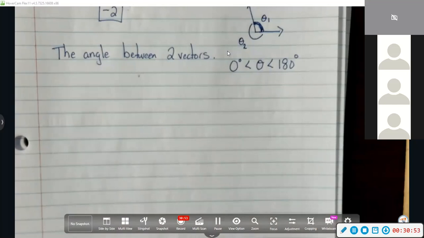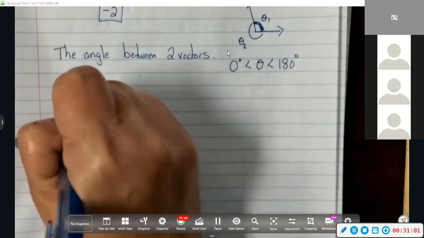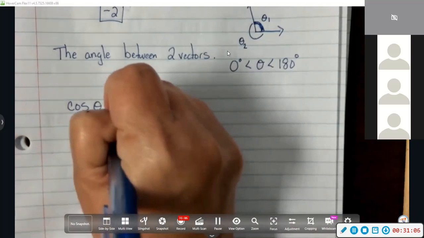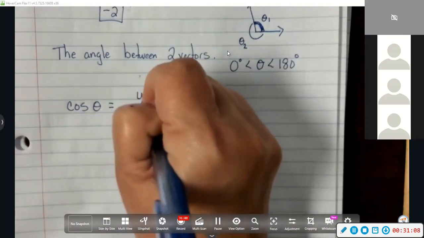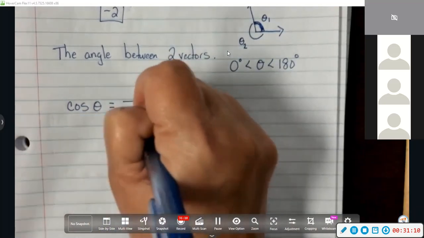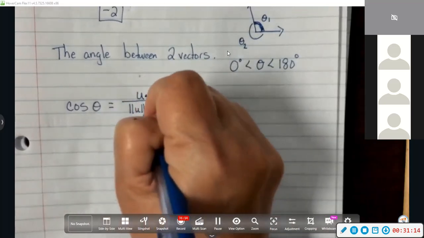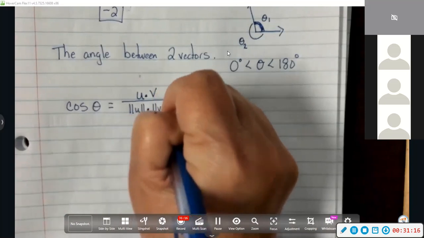So there's another formula for that, which brings up trigonometry and magnitude and dot product. And this is just what the formula is. The cosine of theta is equal to u dot v divided by the magnitude of u multiplied by the magnitude of v.